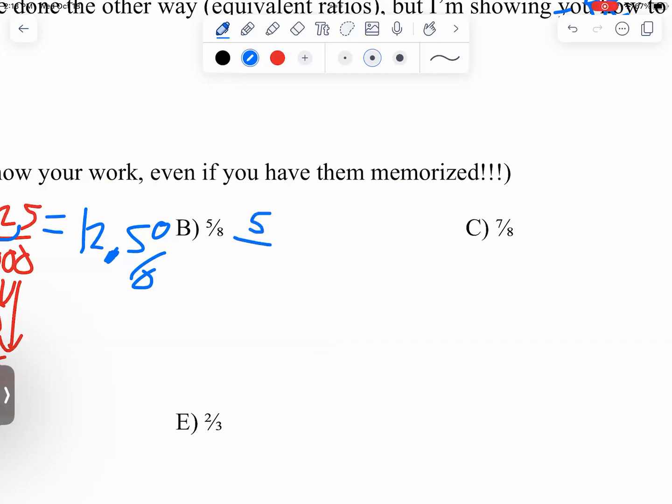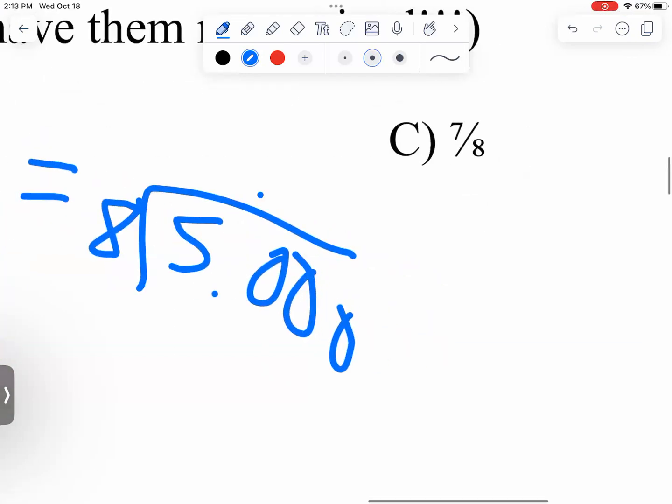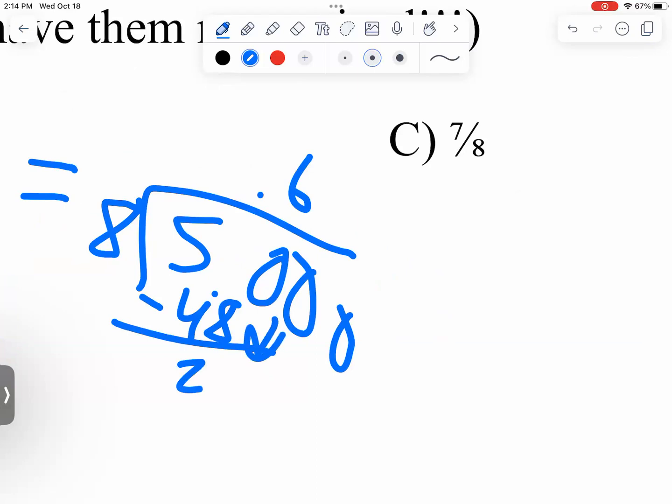Just on this one, we need to actually show the work on these. All right. So 8 into 5. All right. Decimal up. 8 times 6 is 48. All right. 8 times 2 is 16.